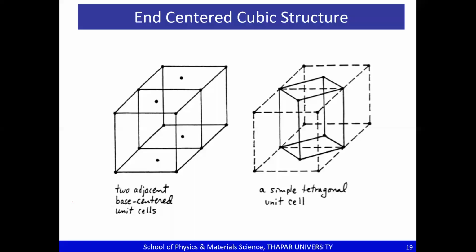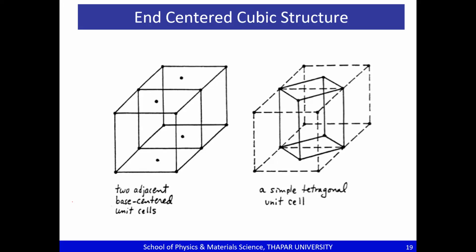For example, if we compute first for the left-hand image, which is end-centered, your total number of effective lattice points is 1/8 into 8 from the corners, which makes 1, and 1/2 from two opposite faces, which makes 1. So the total in one unit cell is 1 plus 1, which is equal to 2.